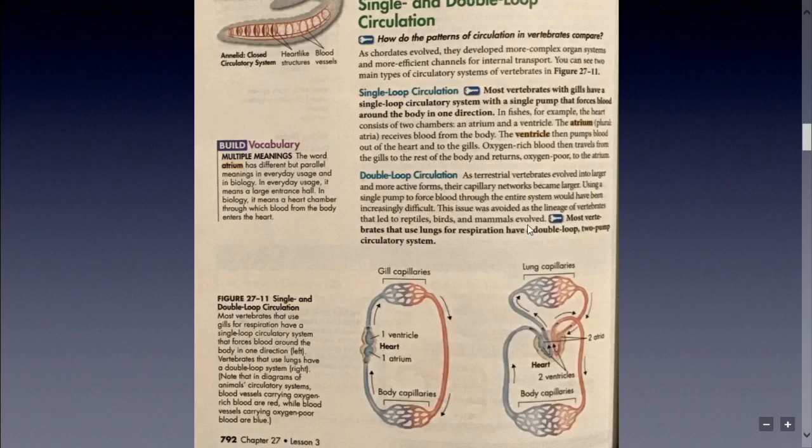So if you read this, using a single pump to force blood through the entire system would have been increasingly difficult. This was avoided as the lineage of vertebrates that led to reptiles, birds, and mammals evolved.